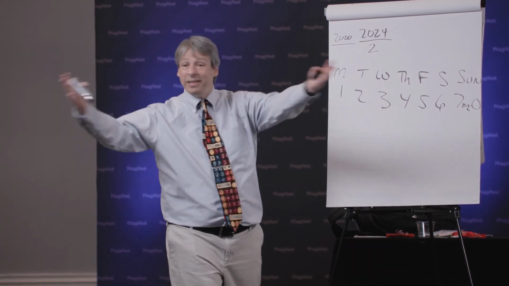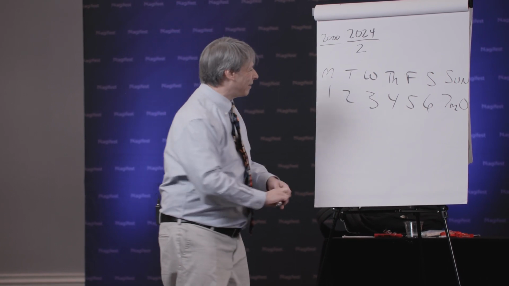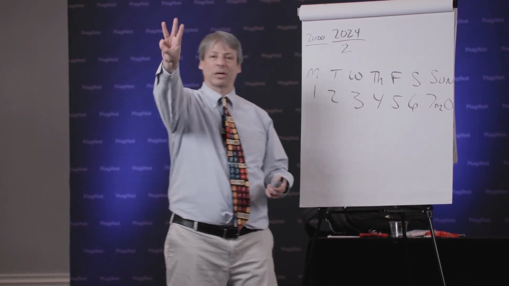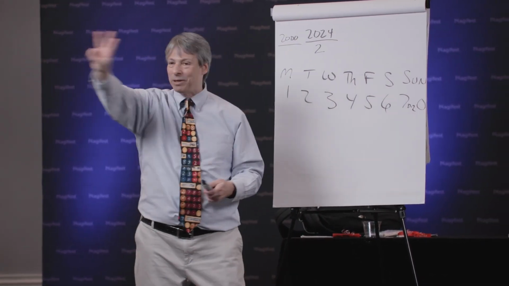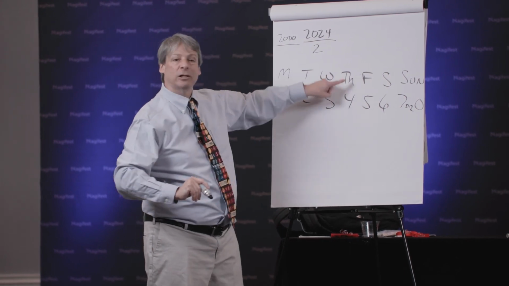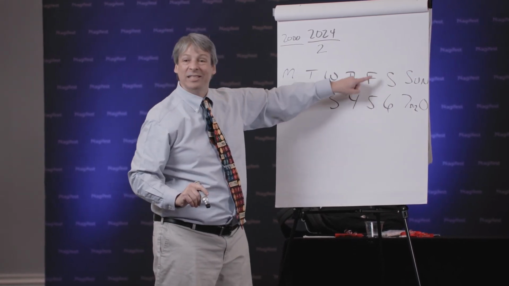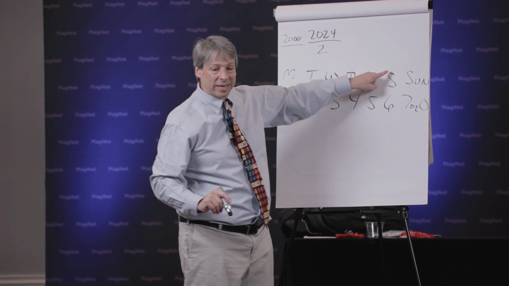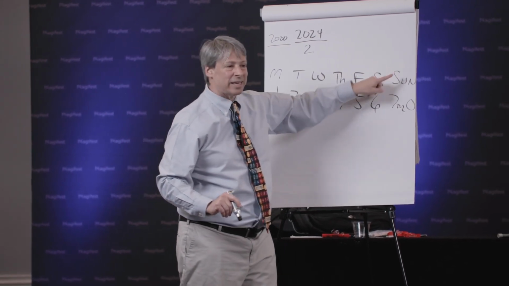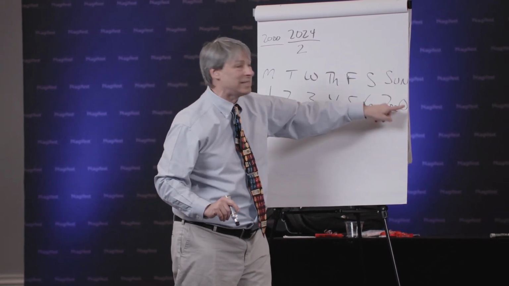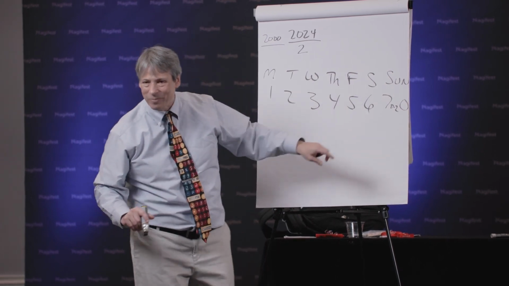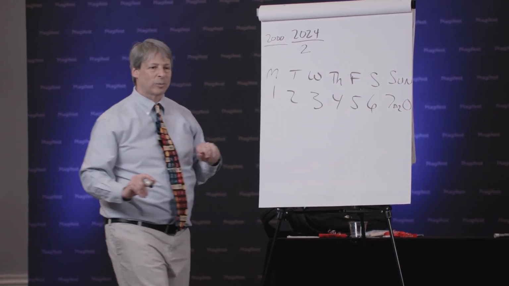Tuesday is literally Tuesday. Wednesday, the W is a 3 on your fingers. Thursday is Fours Day. Friday is 5 Day. Saturday is Sixer Day. Sunday is 7 Day, or Sunday is None Day, whichever you'd like. So those are the days of the week.